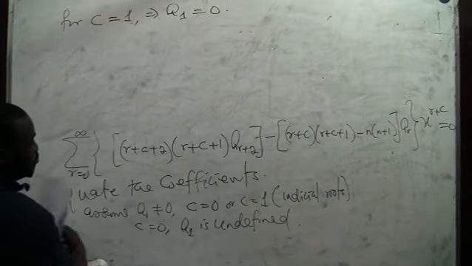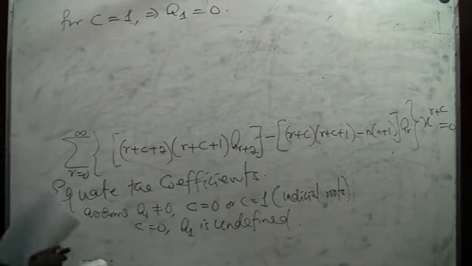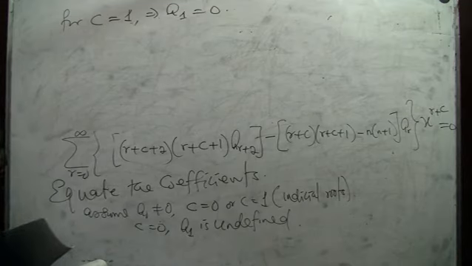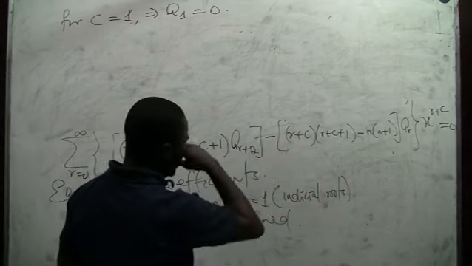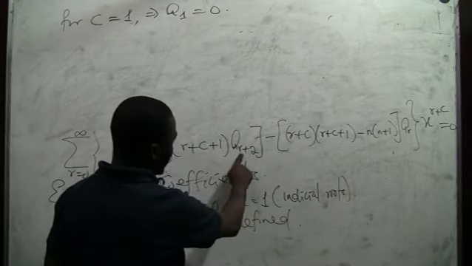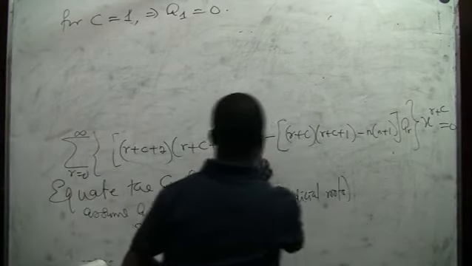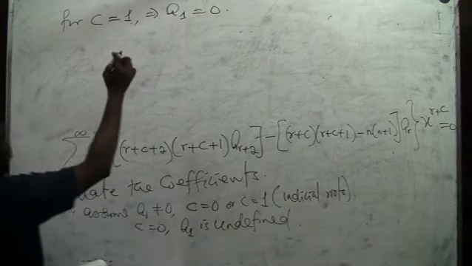Now, the final term, we make the a with the highest subscript the subject of the formula. We have r plus 2 here, we have r here. We make a r plus 2 the subject of the formula.